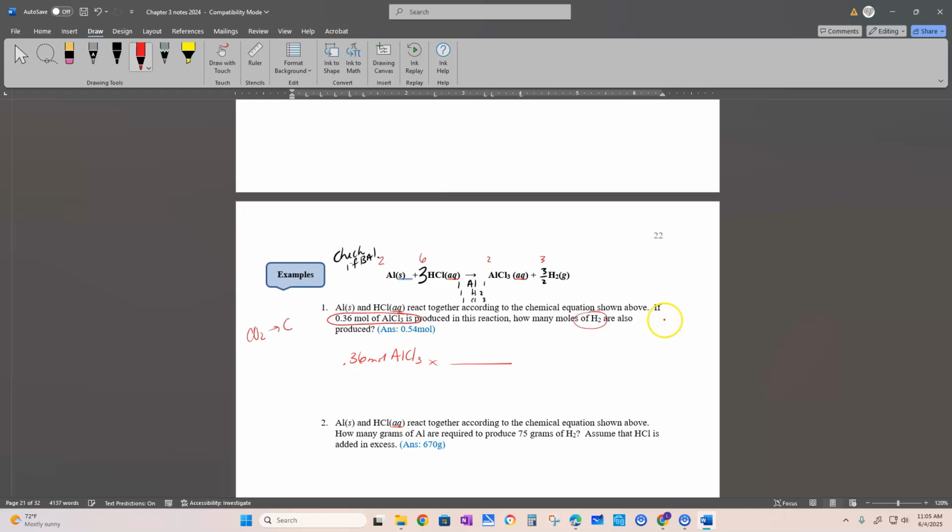The purpose is not to get rid of the mole. The purpose is to get rid of the chemical. So according to my equation, and I'm going to use the whole numbers right up here, for my AlCl3, I see a 2. And for hydrogen, I see a 3.